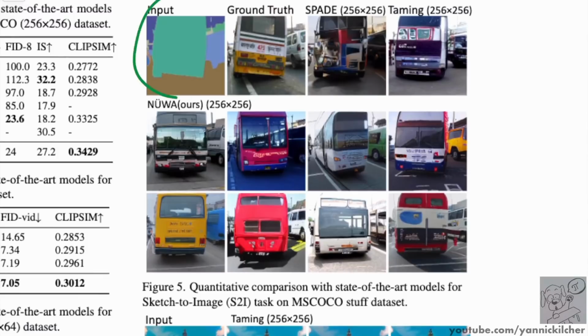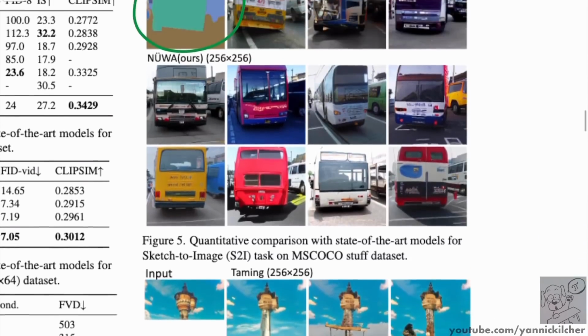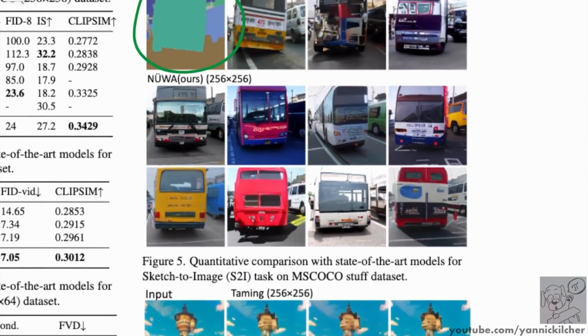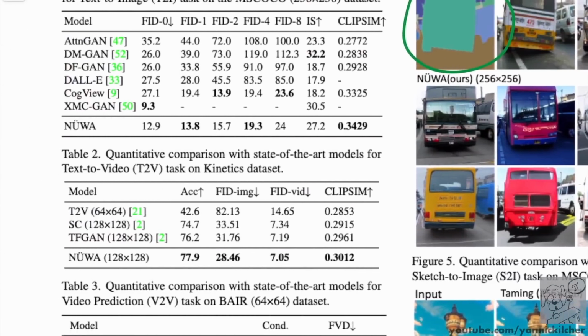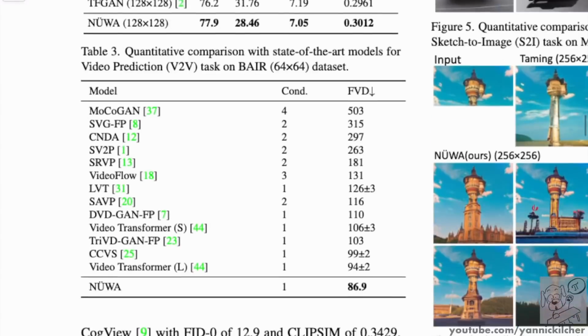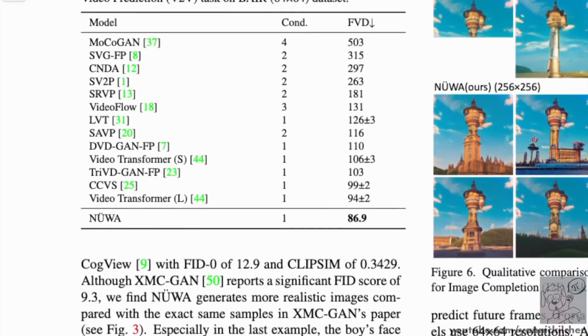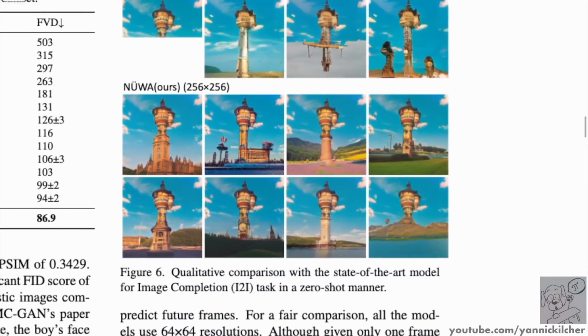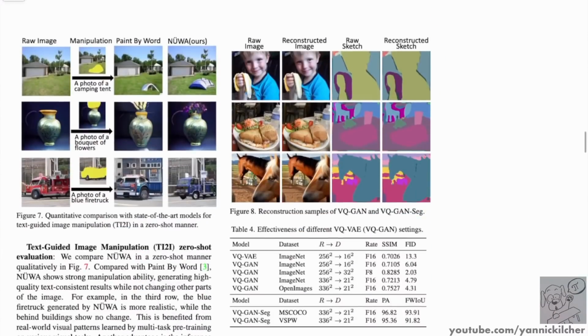I'm going to guess that green thing here is the vehicle class or even the bus class. And the outputs are pretty convincing, honestly. So if you want, you can look at the metrics yourself. They have a bunch more examples right here.